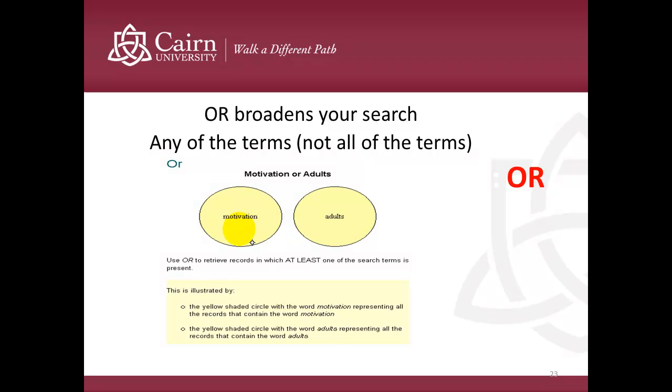And you'll have, for example, motivation, all the results here, thousands and thousands of them, and then adults, you'd have thousands and thousands of them. So it's not really too useful, but yet it's something for you to keep in mind as a concept, as a keyword that you can use in your searching.